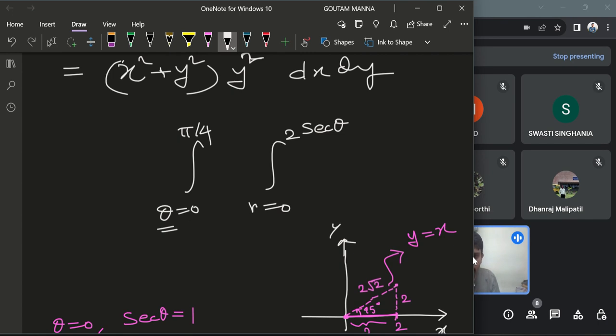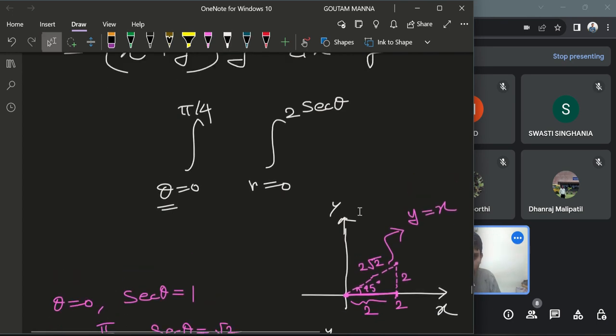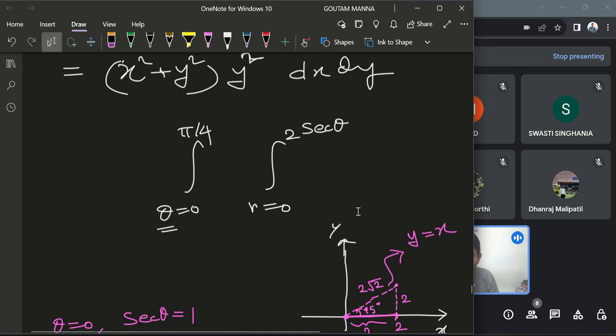For example, if I write the x coordinate, simply x equals r cos theta, right? So what does this mean? It means that the upper limit of r is 2 sec theta.